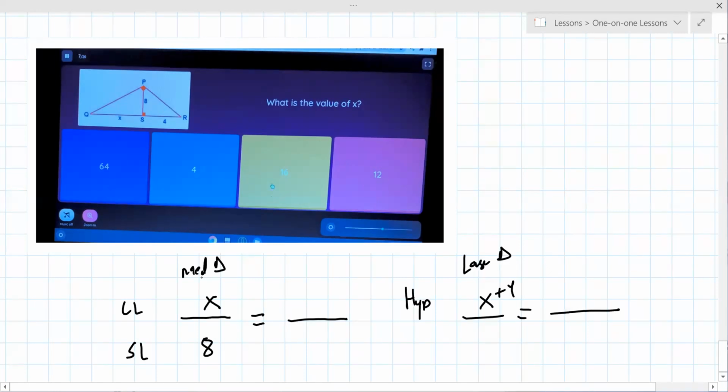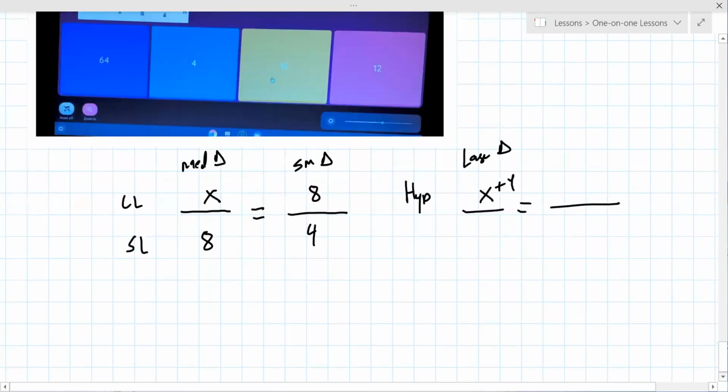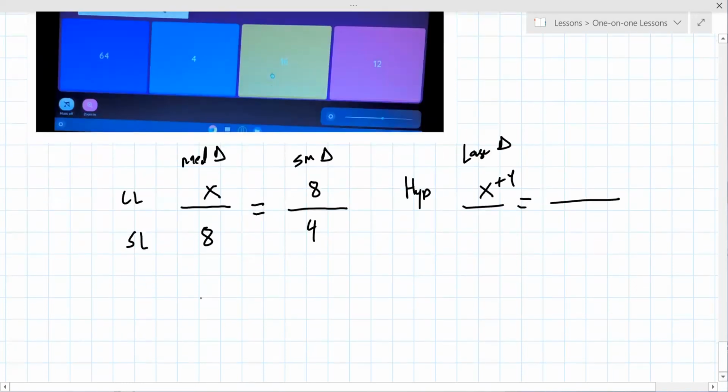So let's try this one here. Do we have another triangle where we have the long leg and the short leg? And we do. This small triangle here, the short leg is 4 and the long leg is 8. Okay. So we'll solve this here, cross multiply. We got 4x equals 64.